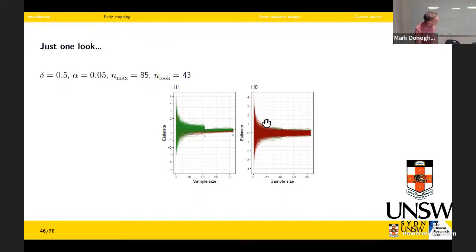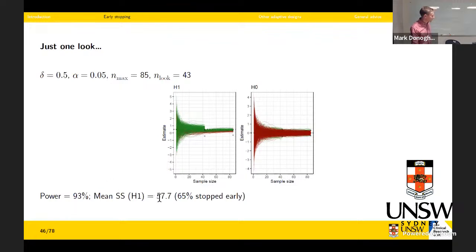And in the null scenario, you can see some green ones that stop at halfway and some green ones that declare a significant difference at the end of the study, and those are type 1 errors. So our power is actually 93%. So again, we're happy with that because we thought we only had 90% power.